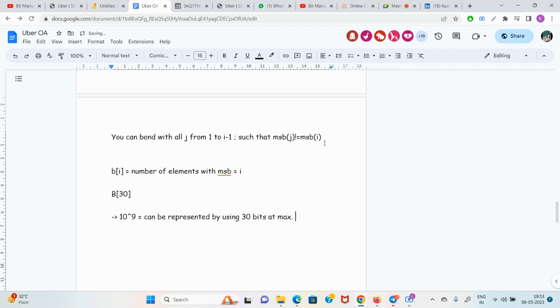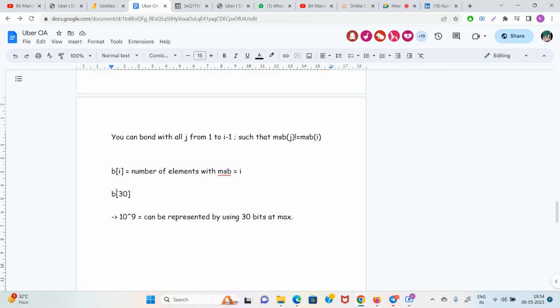Okay, guys, that's it. So B of I is the number of elements with MSB equal to I. And I will be using B up to 30 because B of 0 means the number of elements in the array with MSB equal to 0.